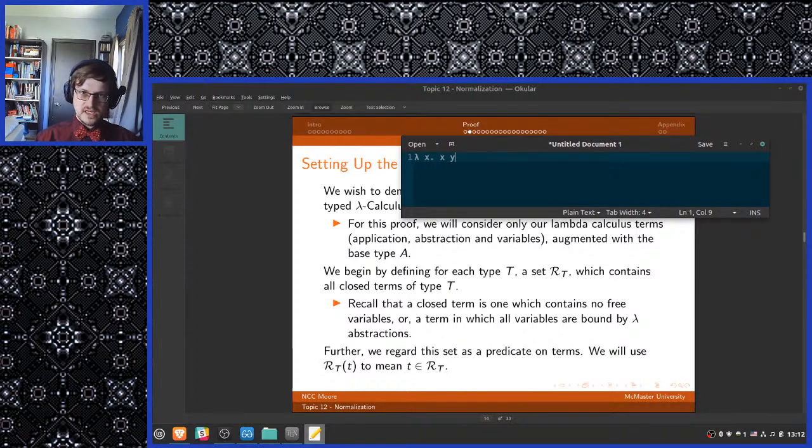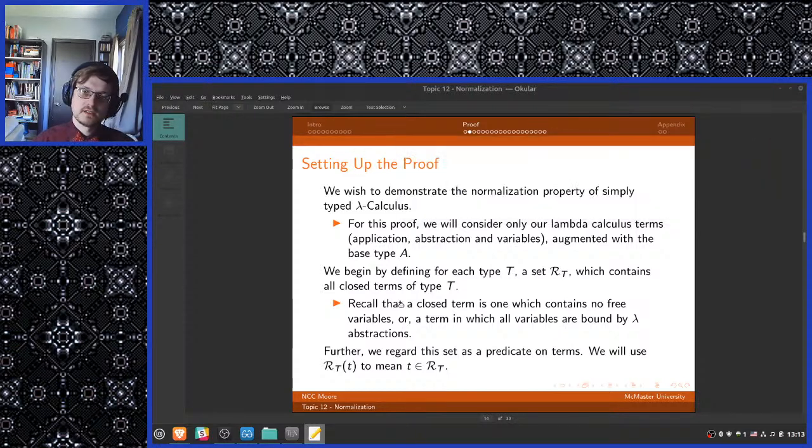This on its own is not in our set R that we're defining because it contains a free variable. However, if we expanded the thing to look like this, that now counts because both x and y are bound, so this is now a closed term. So there we go.